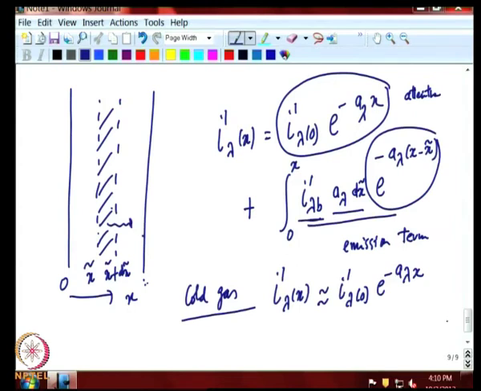The other extreme is, suppose you are in the interior of a very large medium, extremely large medium, so that the surface 0 and surface L are very far away, then the intensity that you see will be dominated by the emission term.